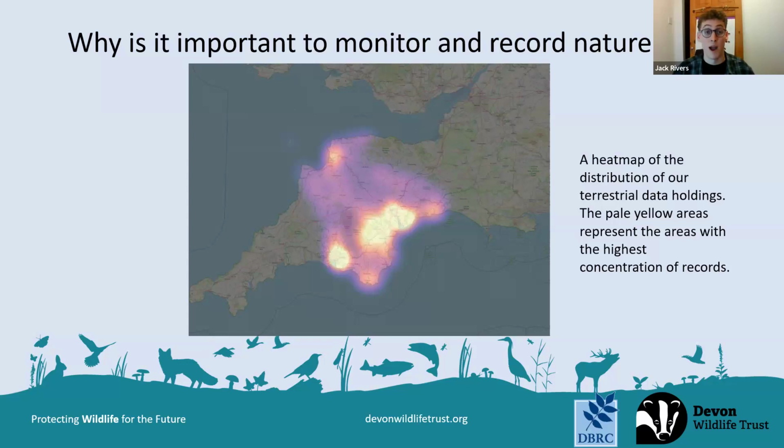The lighter areas are where we have more records, and they tend to be centered around higher population densities. This isn't just something we experience at a national level; data also looks similar to this, whether that's higher populations or quite active recording groups. That's why it's important that more people get involved with recording to try and fill in those gaps and provide more information about your communities.